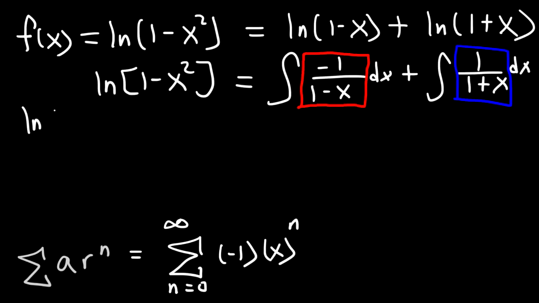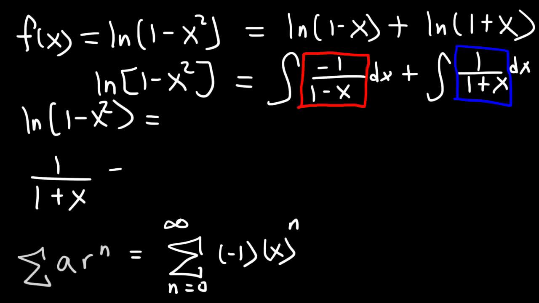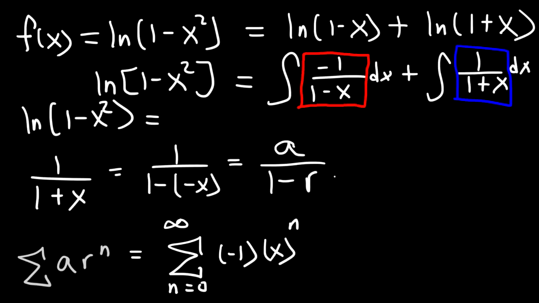So we can say that ln(1 minus x squared) is equal to this thing, but I'm going to write it later. Now let's focus on this one. We need to change the plus into a minus. So 1 plus x is the same as 1 minus negative x. So in this form, we can see that a is 1 and r is negative x.